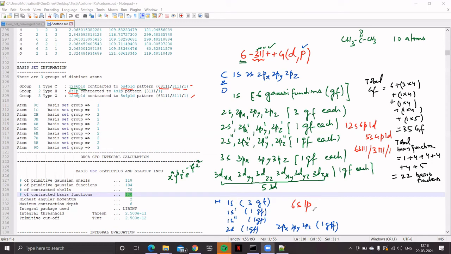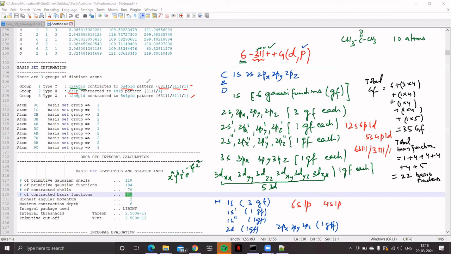That is 1s, 1s dash, 1s double dash, and 2s, so that is 4s. And each p, that is 1p. Clear? Four types of s orbitals and one type of each p orbital.